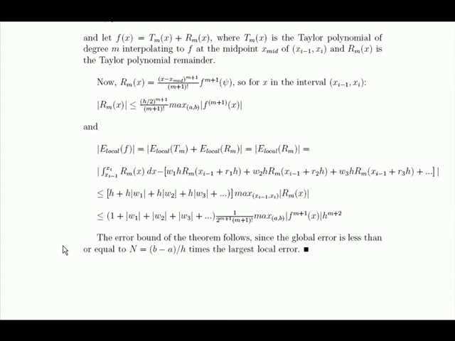So for example, Simpson's rule, well, it turns out that Simpson's rule is exact for polynomials of degree 3, so the global error is h to the 4th. Actually, the local error for Simpson's rule is h to the 5th.